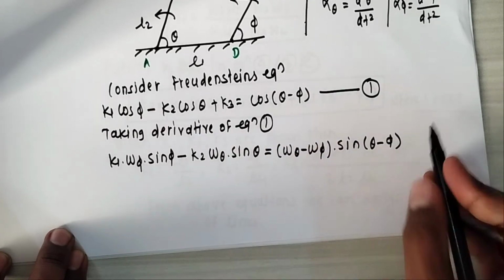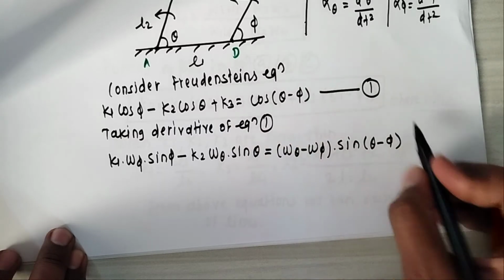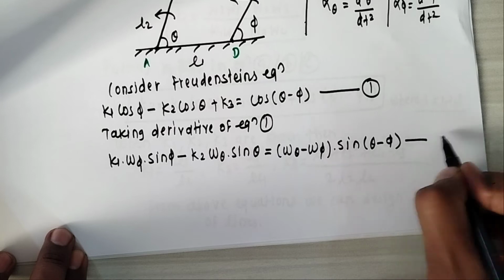So the first time derivative gives me this equation, let's call it equation number 2.